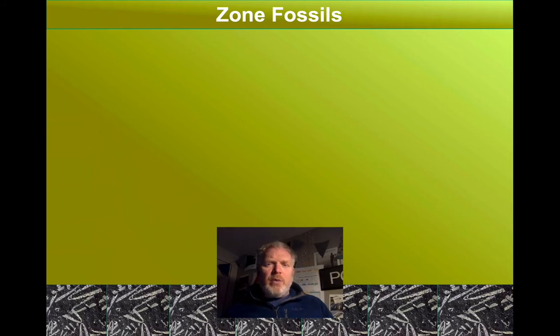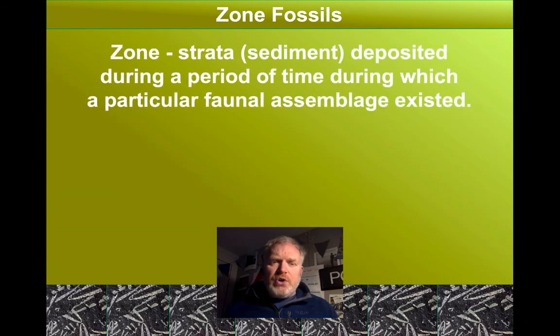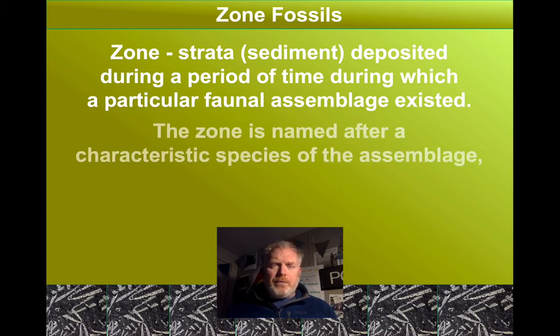Let's start by thinking about what we're actually talking about when we use this term zone fossil. A zone is a period of time during which a particular faunal assemblage, or collection of fossils, actually existed. So a zone is, if you like, a unit of time. And we name this zone after a characteristic species of fossil that's found within that zone, something that defines it.